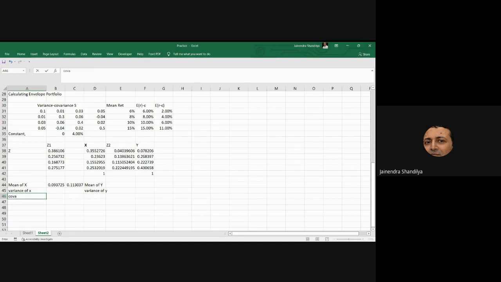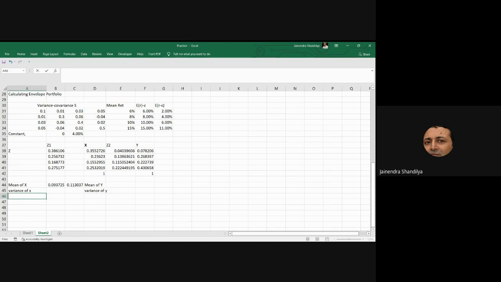So in a similar way you can do the variance of X and variance of Y, and then we do the same exercise as we did in the previous case: we keep varying x and y and see whether this is efficient or not.